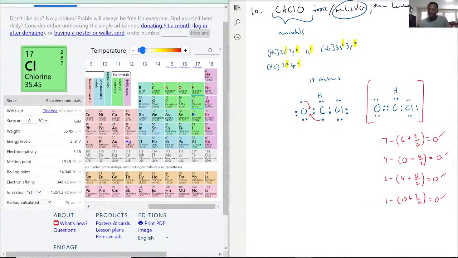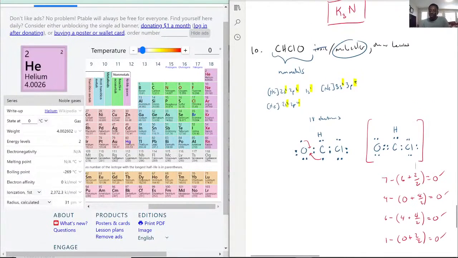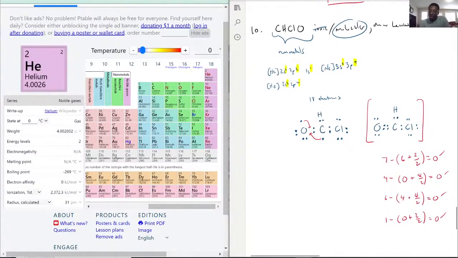This right here is the Lewis structure for CHClO. It'll look like this with bonds: carbon in the middle, Cl, oxygen, and then hydrogen right there.